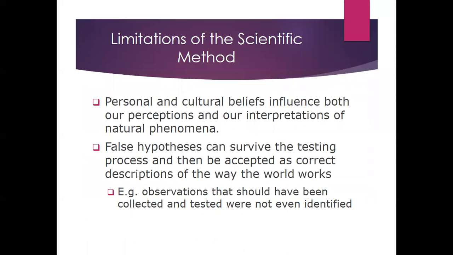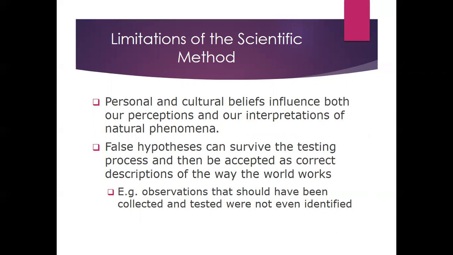Okay, and as mentioned before, the scientific method has limitations. So we see where we can have personal and cultural beliefs that influence both our perception and our interpretation of natural phenomena. So even our world view of things can affect the way in which we perceive natural phenomena.